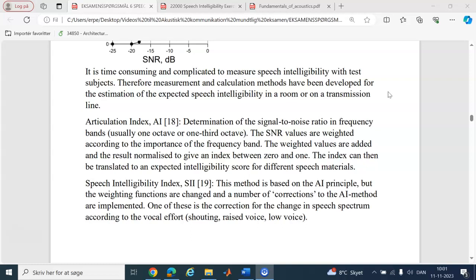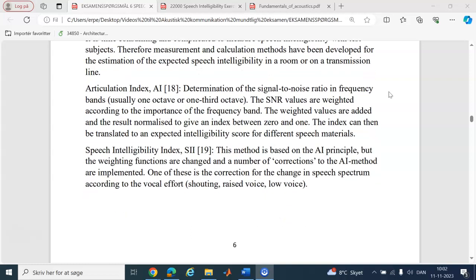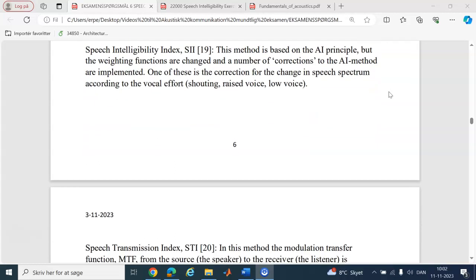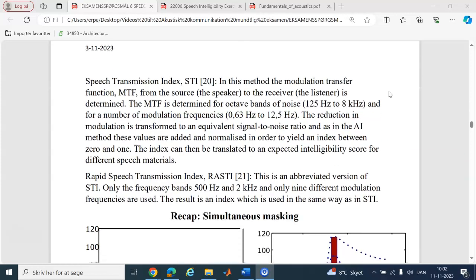One of these is the correction for the change in speech spectrum according to the vocal effort: shouting, raised voice, low voice. The functions are changed a little bit, and there are a number of corrections.